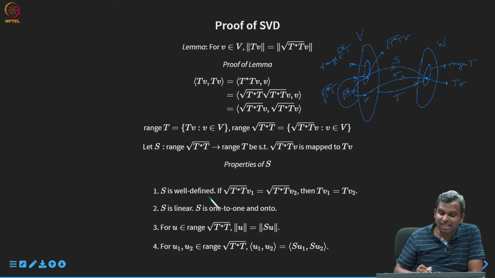So the first thing is S is well defined. If you have two different vectors V1 and V2 that go to the same point, then they will go to the same point under T also.